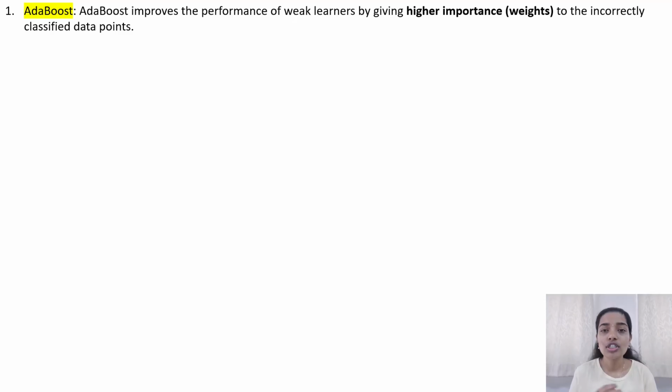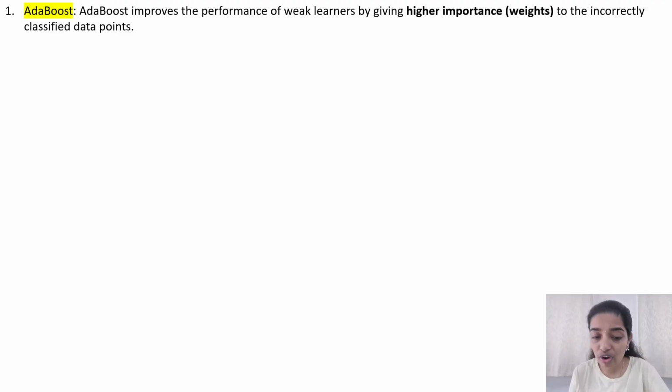Here what specifically changes is that the errors made by the previous model are given more importance in the case of AdaBoost. We have multiple models. The next, consecutive model will focus more on the errors.